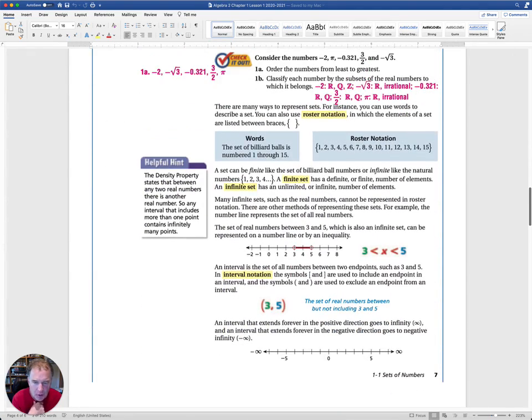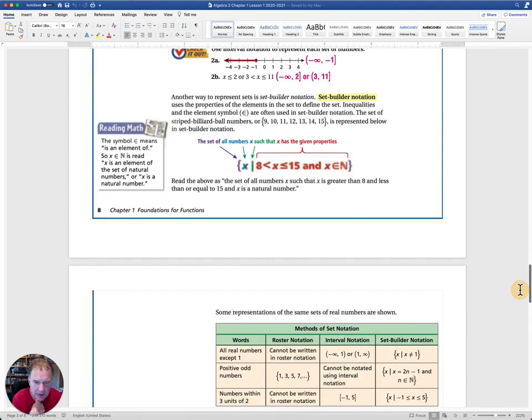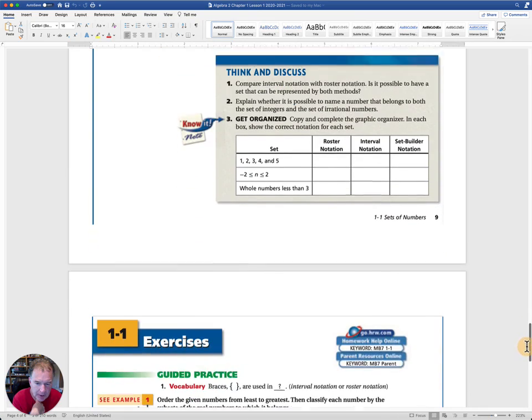Make sure you know what roster notation is, when you just list a set of numbers, what finite and infinite are. And interval notation, where it looks like an ordered pair. A parenthesis means you don't include, a bracket means you include. And set builder notation, we use this a fair amount, so you will get used to it. And that would be it.